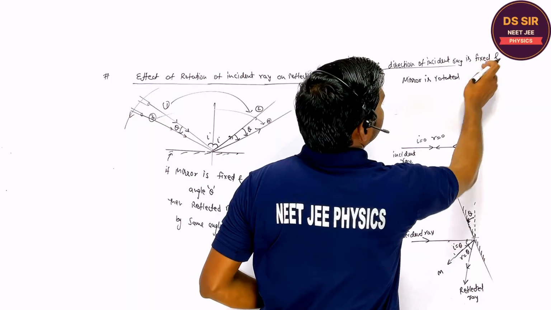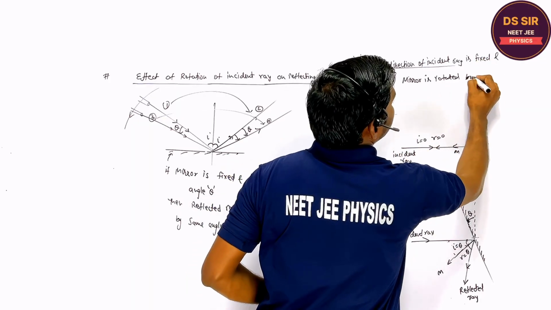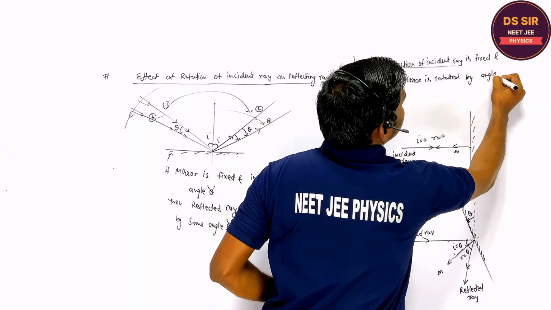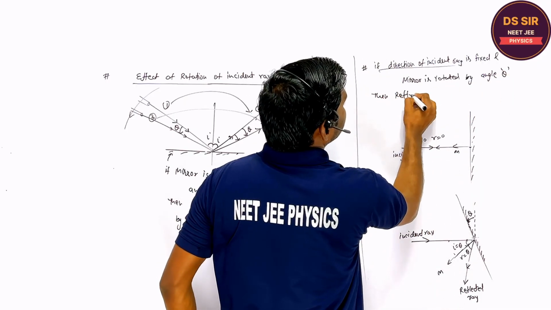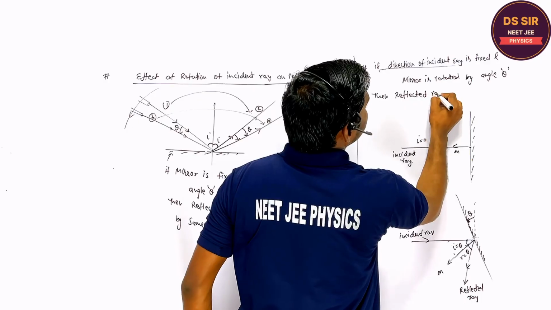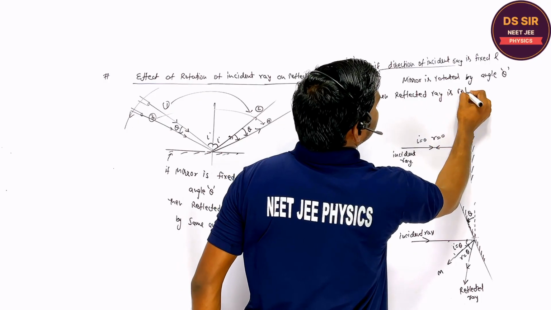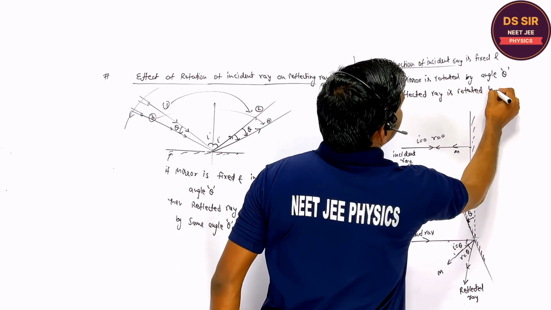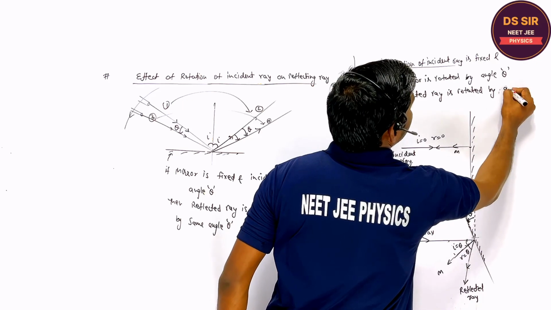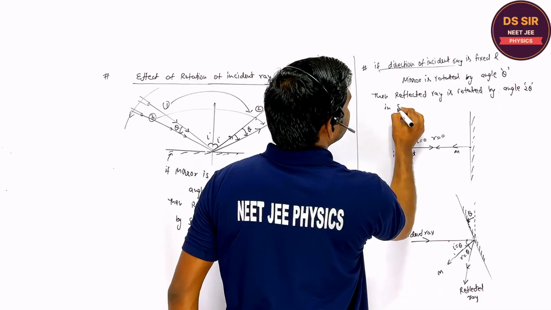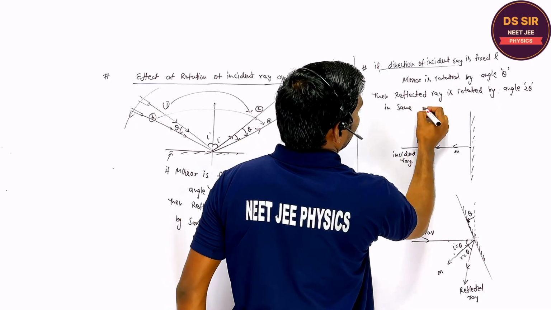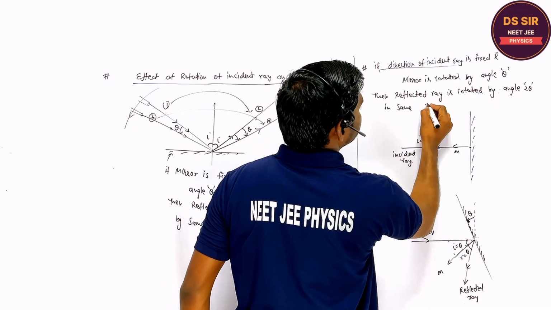If the incident ray direction is fixed and the mirror is rotated by angle theta, then the reflected ray is rotated by angle 2 theta in the same orientation, in the same sense.